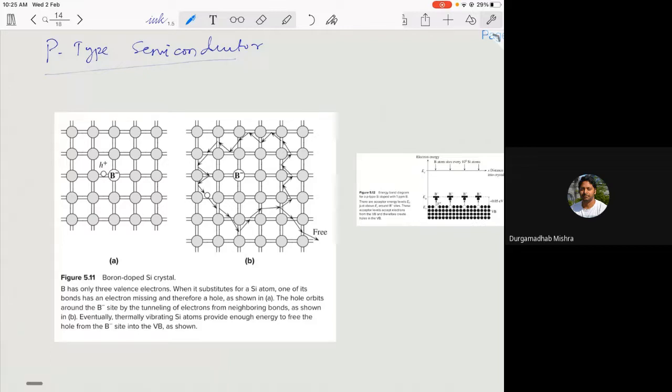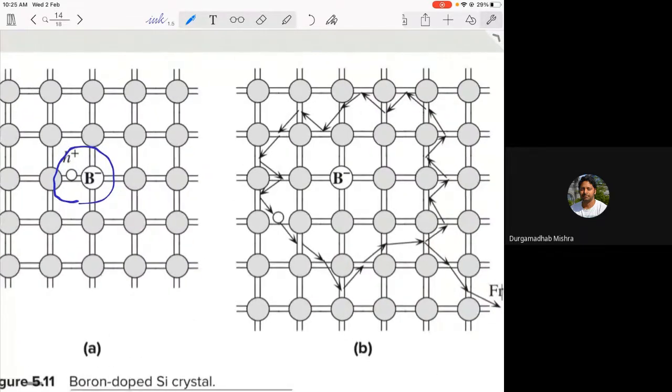Therefore, the boron will make sure there is a hole, or absence of electron, which will act as a charge carrier in this p-type semiconductor.